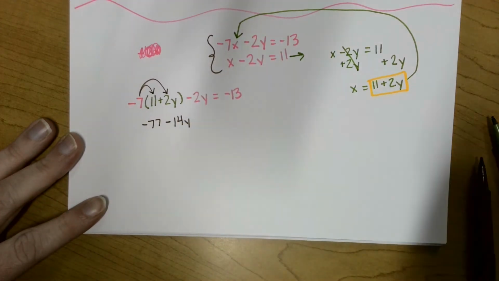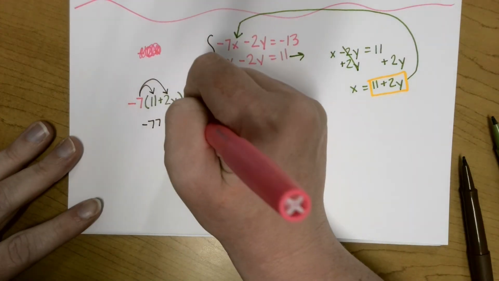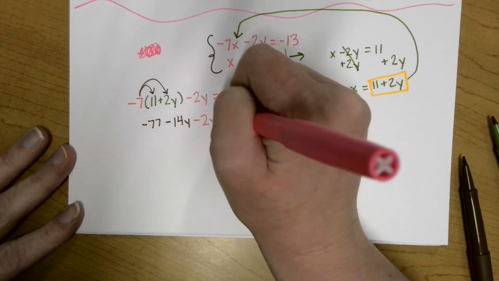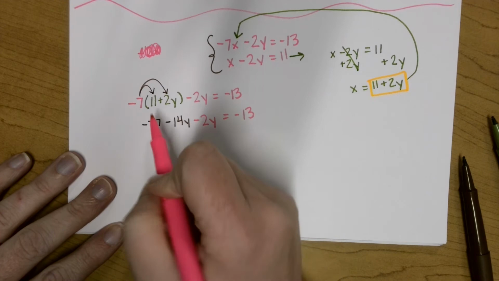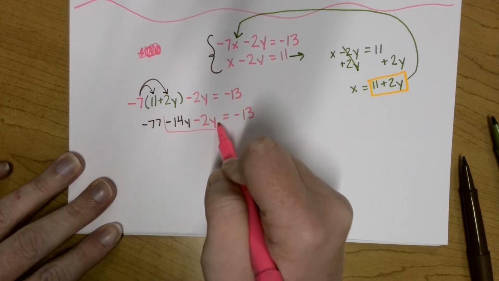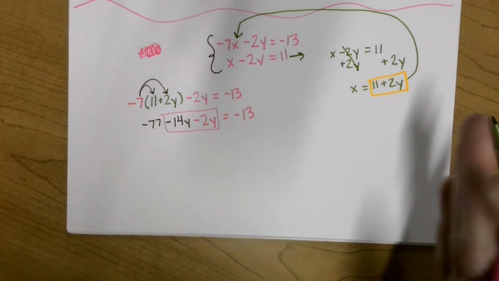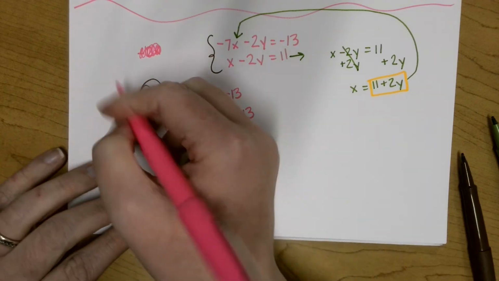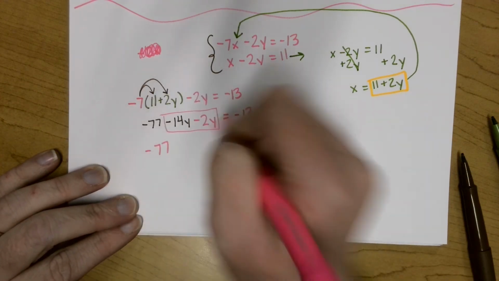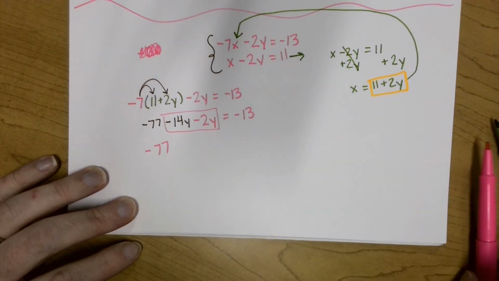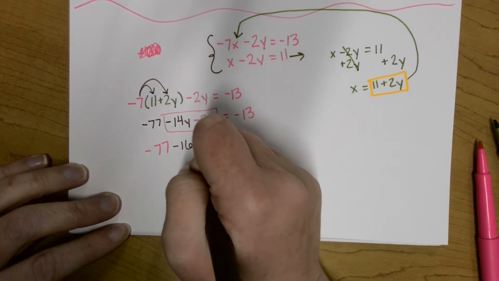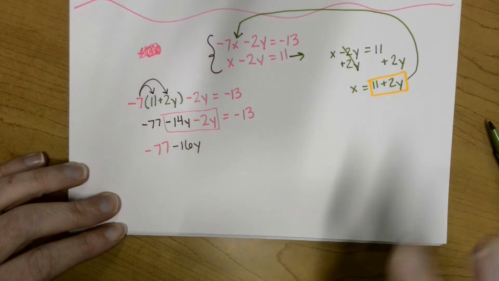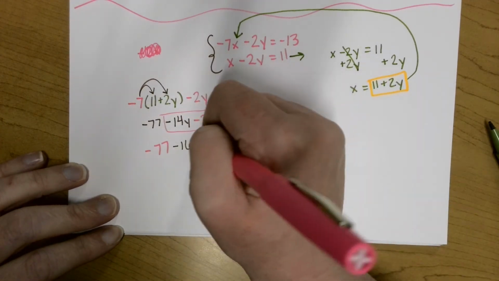Then I also have this -2y from earlier. And that's going to equal -13. Okay. So again, combine your like terms. They're on the same side, so you can just combine them. So I have -77. -14y and -2y is going to be -16y. And that's going to equal -13.